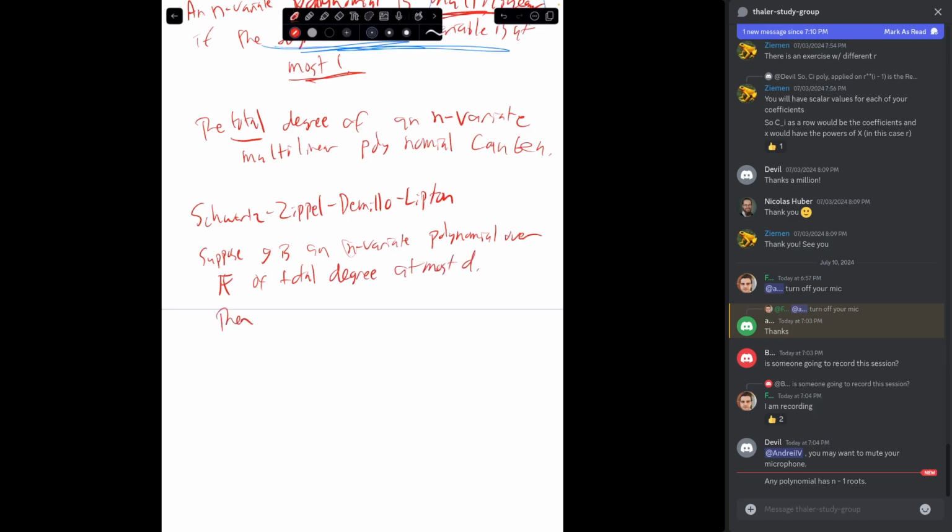Then, if I choose an input r to g at random from F to the n, what is the probability that g of r is 0, if g is a non-zero n-variate polynomial?